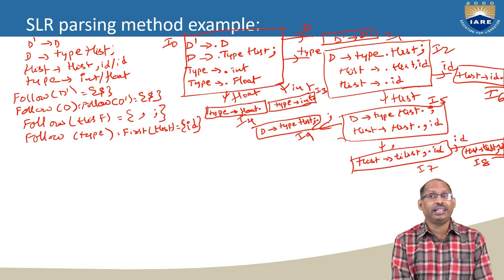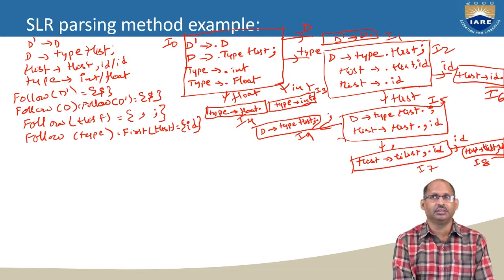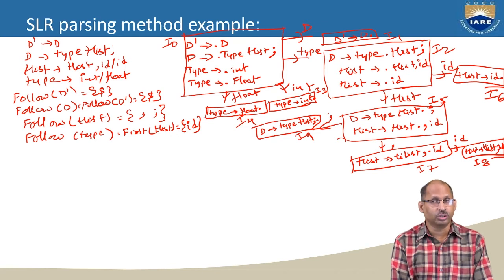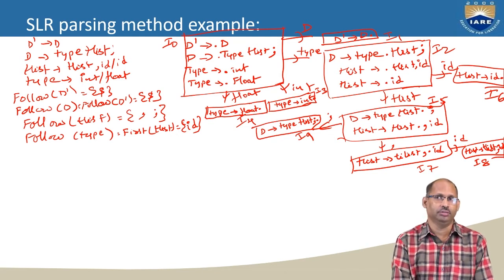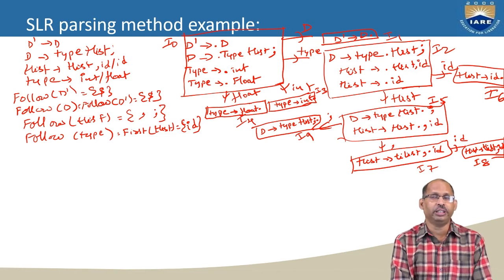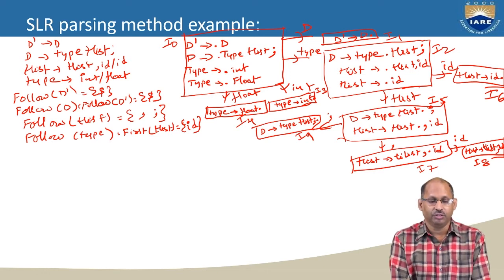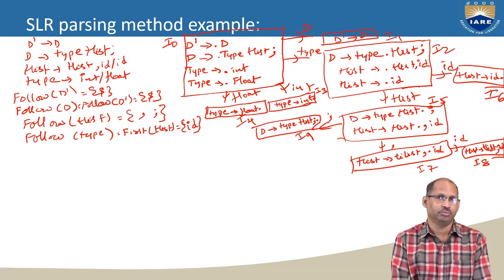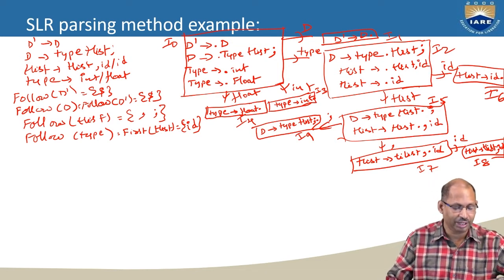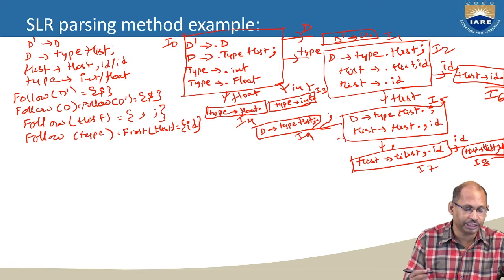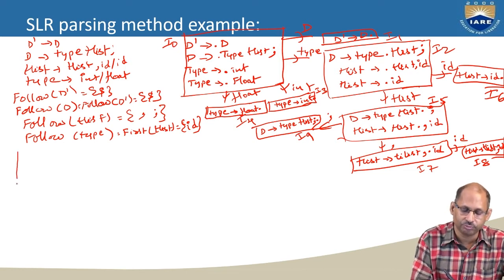So the DFA for go to operations, including closure operations, we have drawn. From this one, we have to write the table. After writing the table, we consider a simple example and check whether the input string is accepted or not.